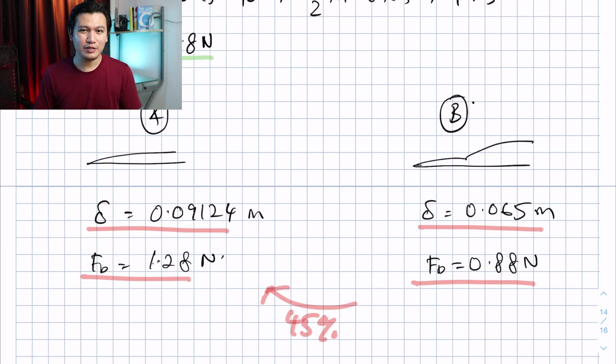So that's a very big difference between assuming there is no laminar and having laminar and turbulent. You need to be careful and analyze the question whenever you get it. And in the real world as well, make sure you are fully aware of what's happening before you try to analyze it.